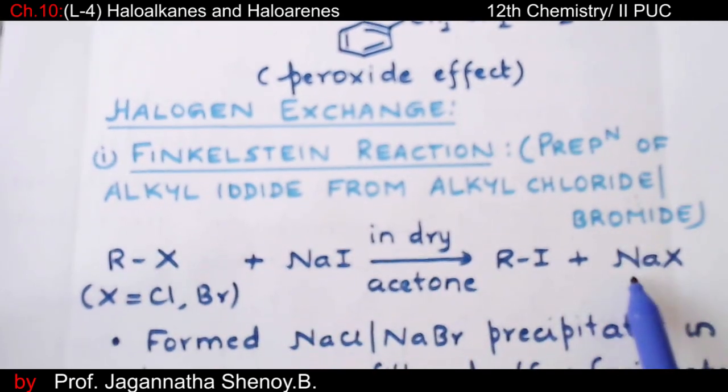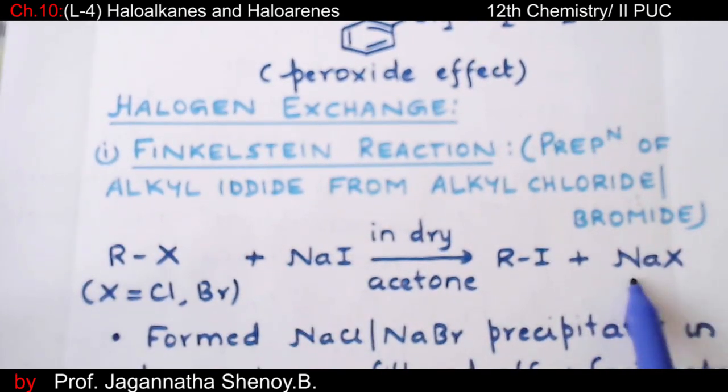The byproduct formed is sodium chloride or sodium bromide, more ionic in nature. That's why it's insoluble in organic solvent like acetone. That's why NaCl or NaBr will form a precipitate, and that precipitate can be easily filtered off.